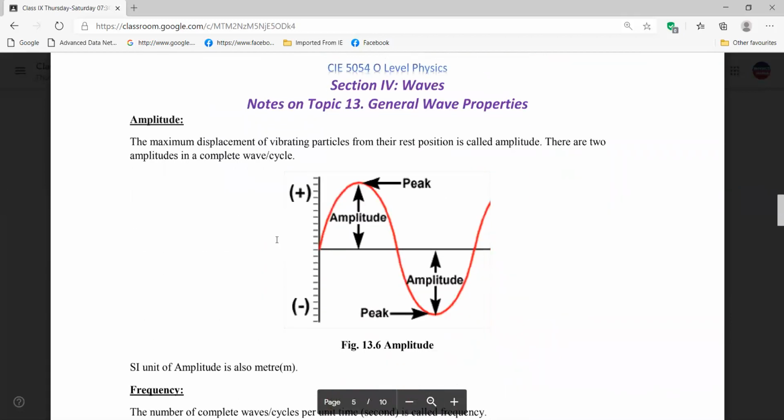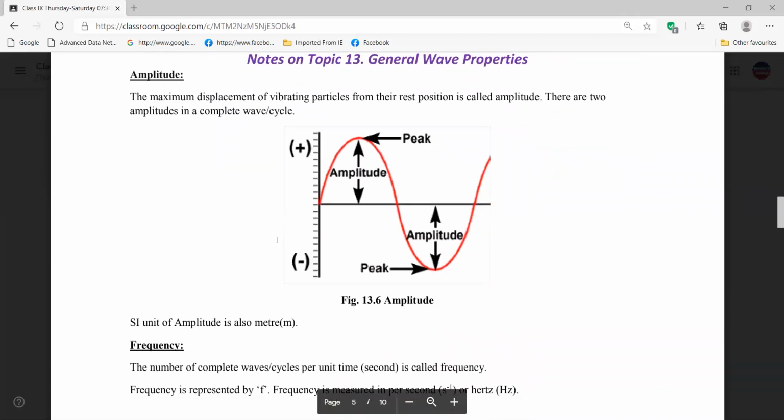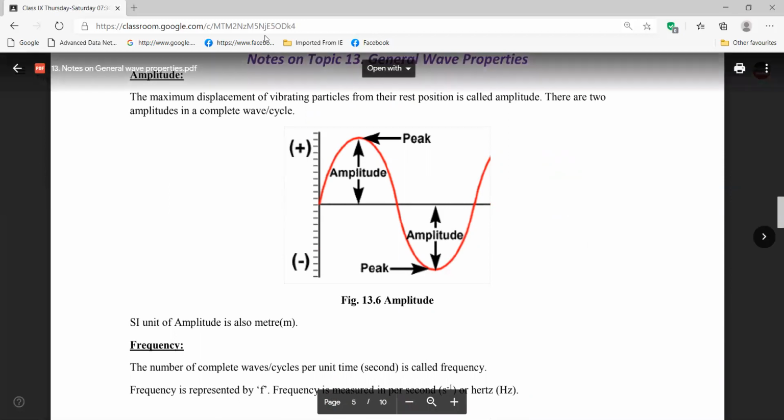Then amplitude. What is called amplitude we are now going to understand. First you understand, then you write, okay?